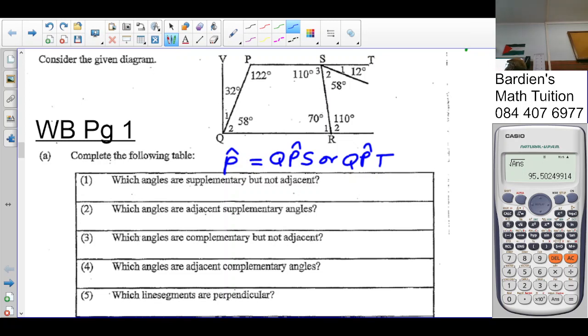QPS is the same as QPT, which is the same as SPQ, which is the same as TPQ. It's all the same. Okay? You all understand? Yes, Michael?